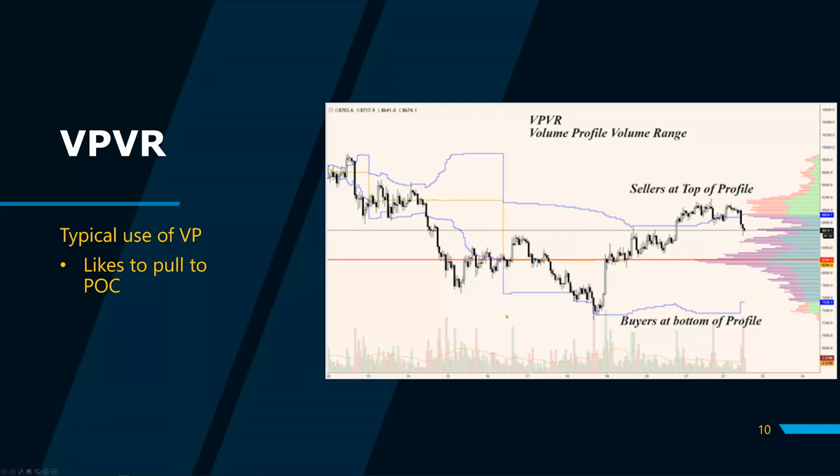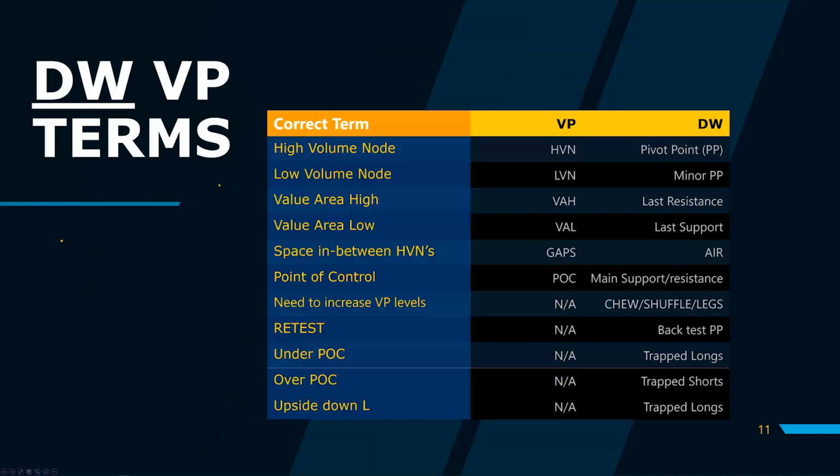So this is an example of exactly what we've been doing with AMD. So let's go through my terms. Again, I taught myself VP through just real life experience and trading.